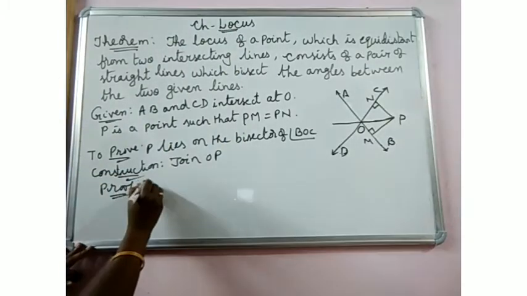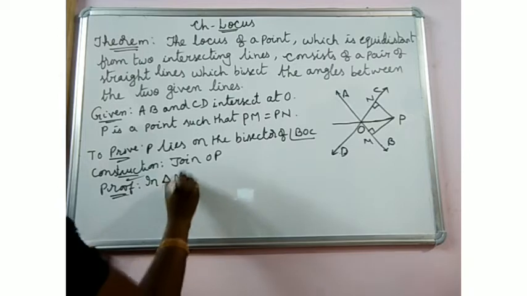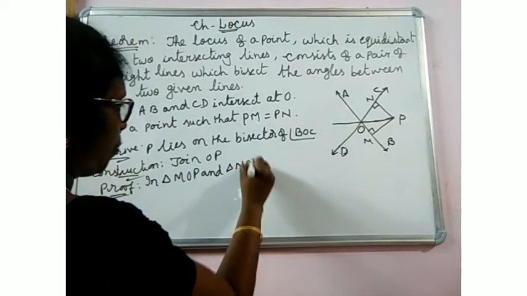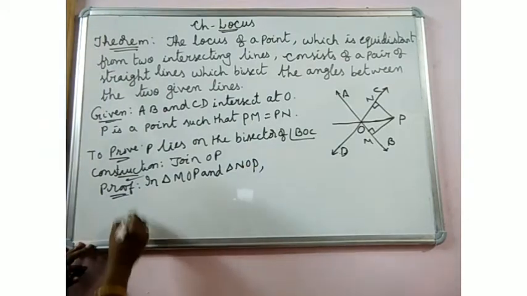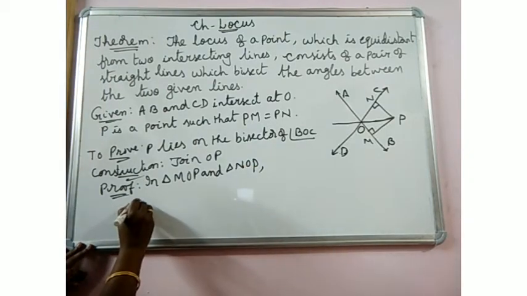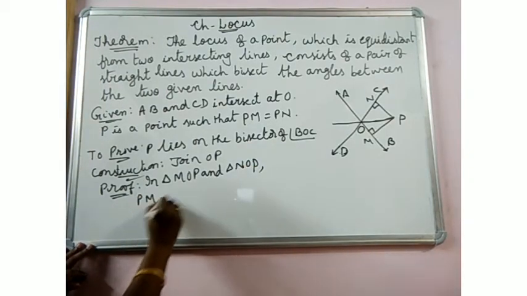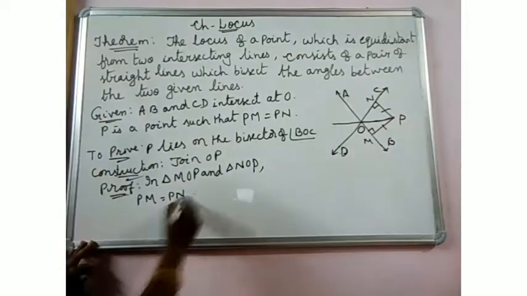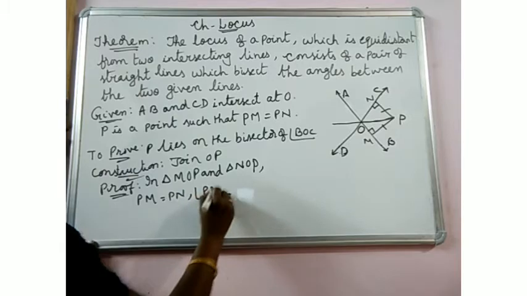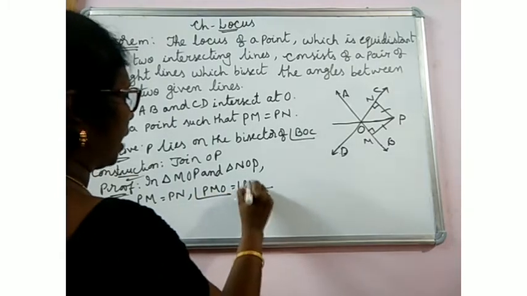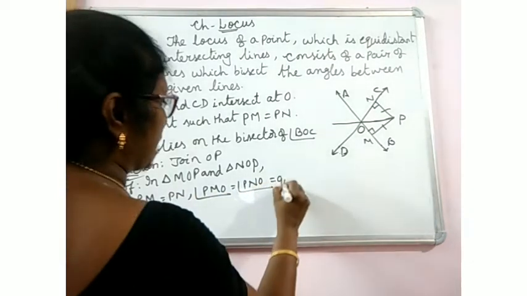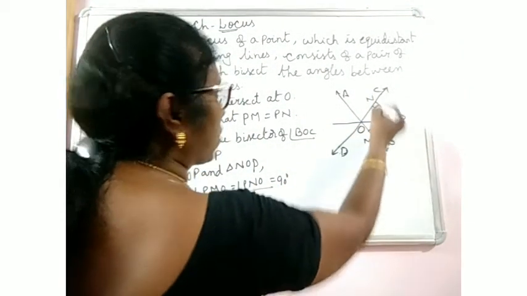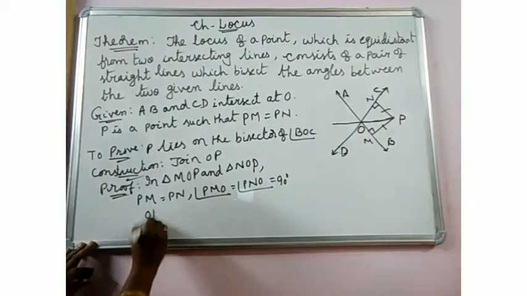In triangle MOP and triangle NOP, what is given is PM is equal to PN. Angle PMO is equal to angle PNO, that is 90 degrees because of the perpendicular distances, and in both the triangles OP is common.